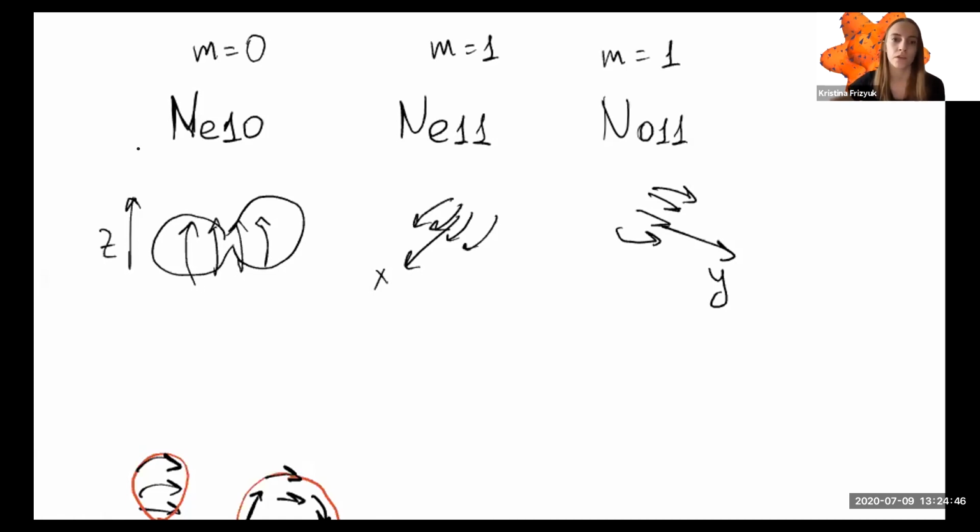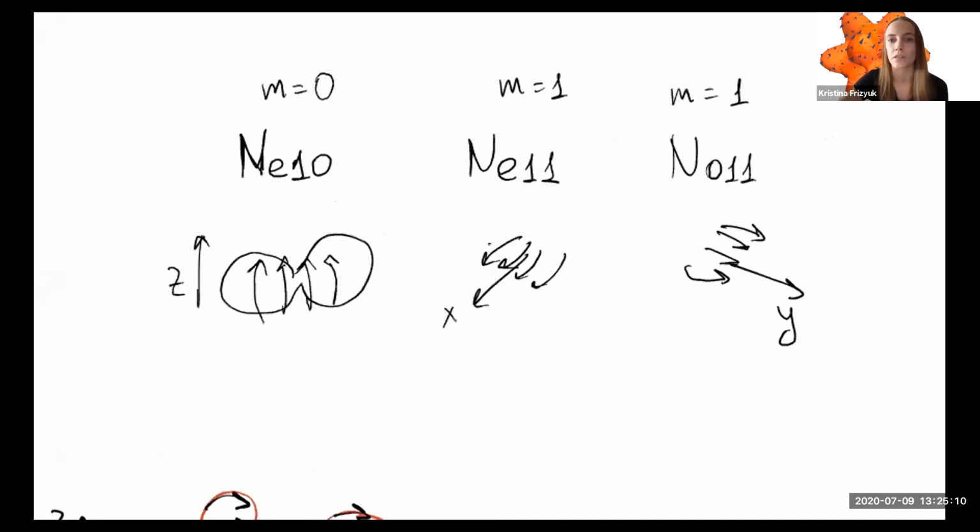To excite the electric dipole along the z-axis, we need an incident plane wave polarized along the z-axis, and the same is true for any other. So to excite this one, we need to change the polarization of the incident wave, and so on.